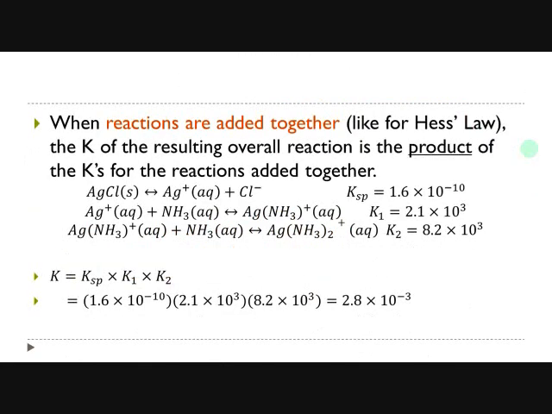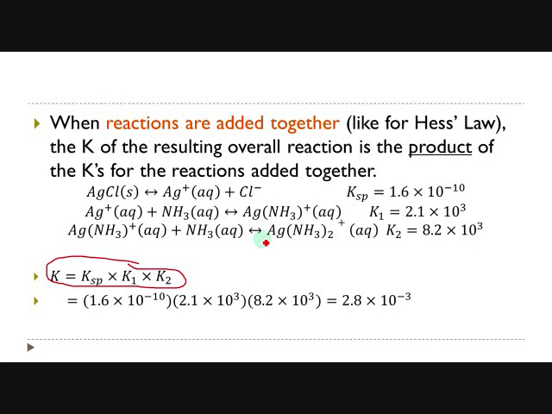If you have a Hess's law situation where reactions are being added together, then the result is the overall product, meaning we multiply the K's for each of the reactions that have been added together. So to find the K, you would multiply all of the K's together in that situation.